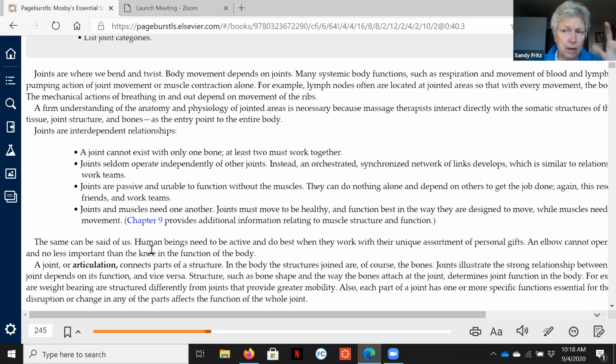And so that's more complexity here than in the bone chapter. So some interesting points here. A joint cannot exist with only one bone, because it's where there is a level of movement. Now, some joints for stability have fused, like we see in the skull.